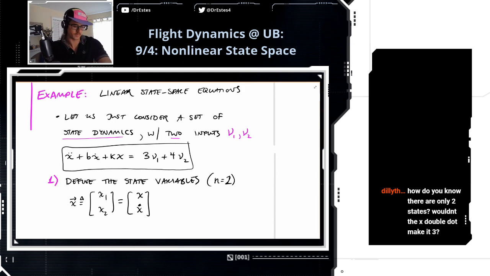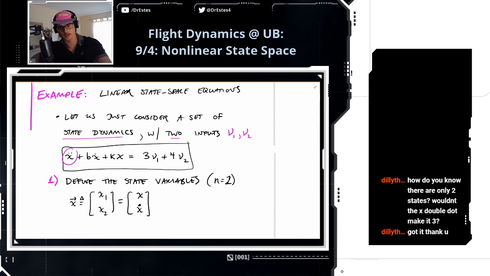So highest derivative 2, so it's a second order differential equation. The order of the differential equation is equal to the number of states. So second order system, 2 states. You would need a third order system to have 3 states. We would need an x triple dot, but we don't have it.